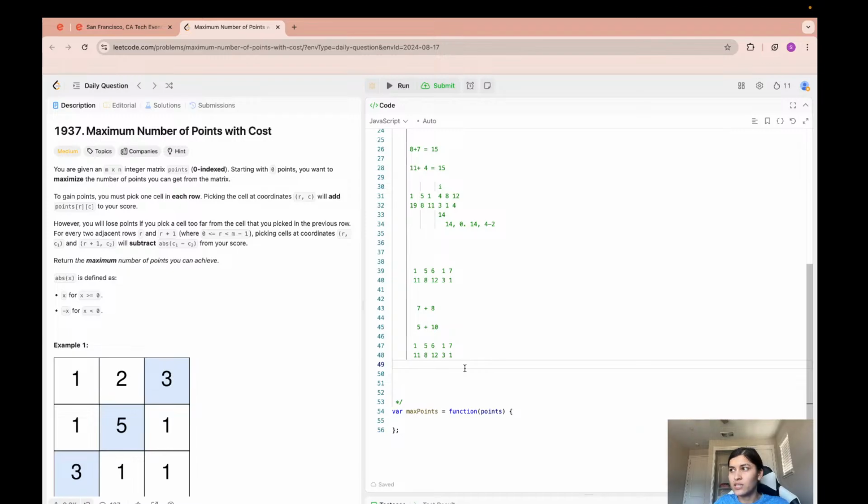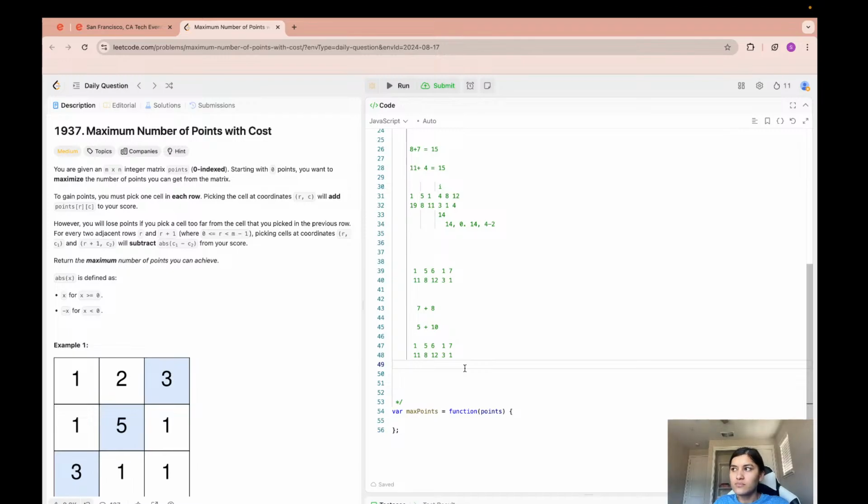Because when I try to do it with a greedy approach, I don't think that is good. Just selecting one and then selecting the best solution from the second, and the best from the third. This is not a good solution.